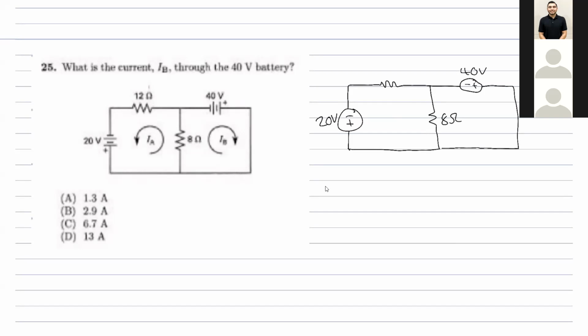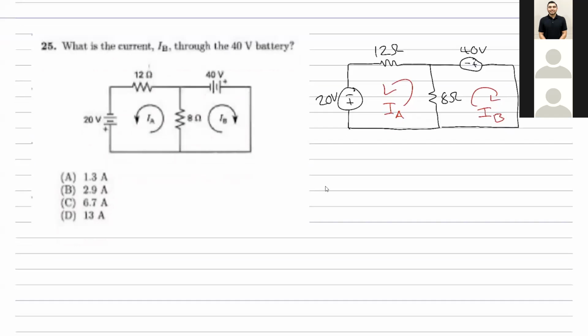All right, so we got current A going through that way and current B going through the other way. This is where you have to be really good at your passive sign, non-passive sign conventions, because if you don't, you're going to get it wrong. Okay, so first thing to do, since we're doing mesh, they give you the way the currents are going, assign polarities. Okay, and then do simple KVL.